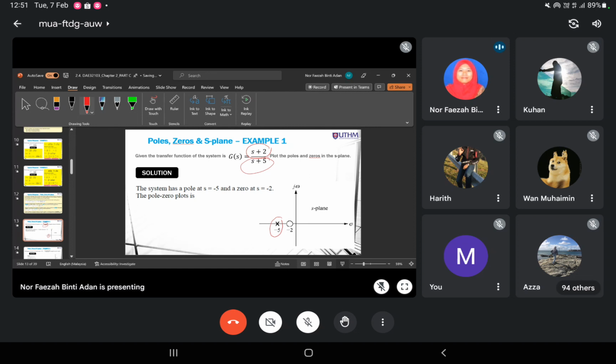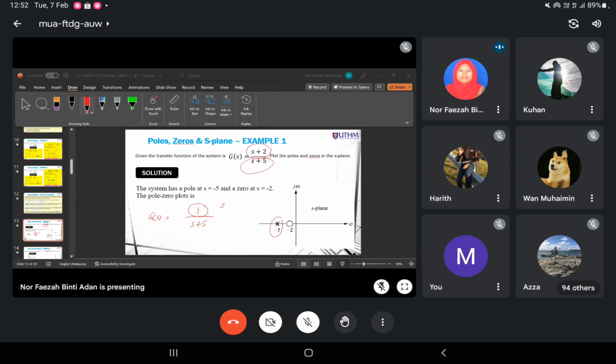Tapi kalau dalam example yang katalah equation G(S) is given by 1 over S tambah 5, ni you punya numerator adalah 1 ataupun it's just a coefficient. So you tak ada zeros. Bukan zeros sama dengan 1, tak ada zeros. You boleh ada zeros kalau equation you ada terms S sahaja. Sama juga dengan poles.